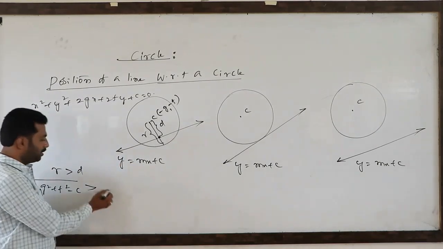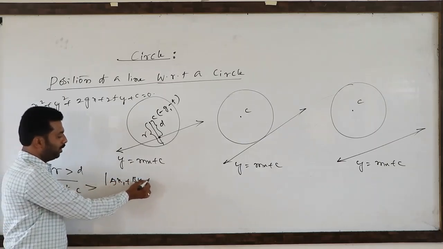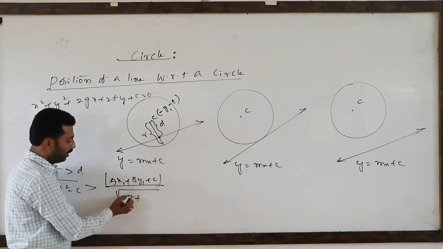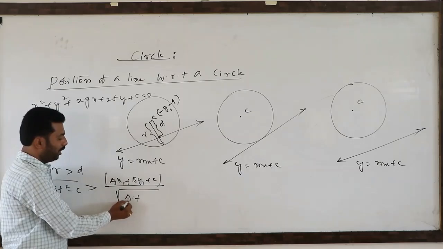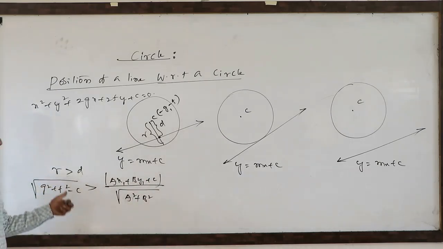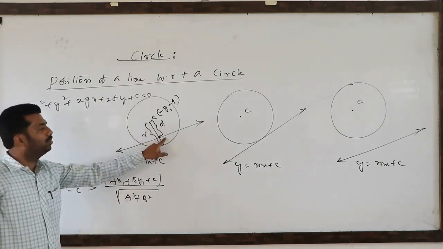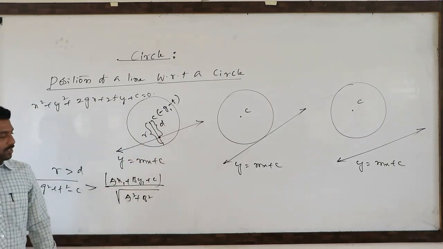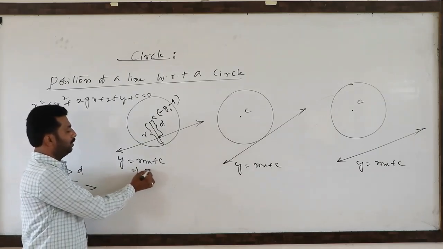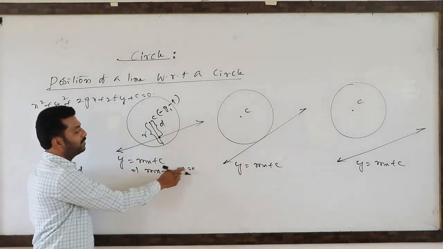What is the perpendicular distance formula? From straight lines, it is ax1 plus by1 plus c divided by square root of a square plus b square. This is the formula. The radius is greater than the perpendicular distance from the center to this line. To calculate the perpendicular distance from the center to this line, write it as mx minus y plus c equal to 0 and compare with the ax plus by plus c equal to 0 type.